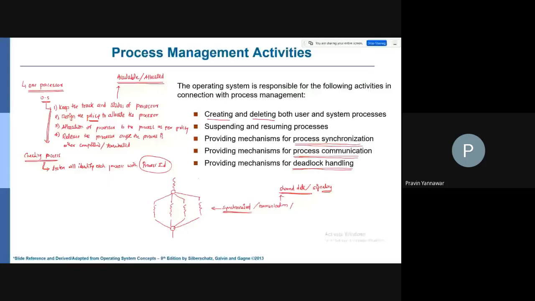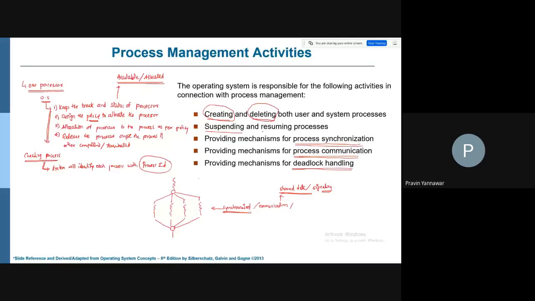So as a matter of fact, the activities are mentioned. First is creation, an important activity of the process, then deletion of the process. It doesn't matter whether it is a user process or a system process. Then if required, you can suspend, or if required, you can resume. Suspending of process, resuming of process. Processes can be synchronized. If it is a parallel process, they can be synchronized, they can be communicating with one another, and you need to avoid the deadlock.